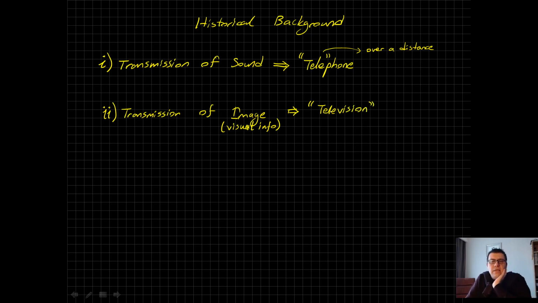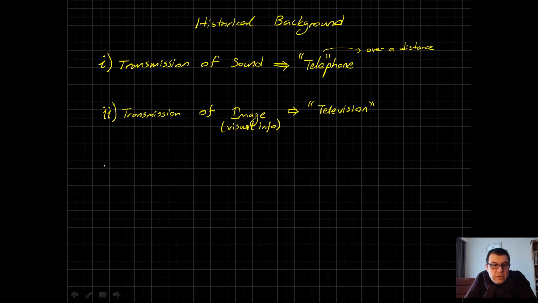That's the device that transfers the visual information over a distance. So with these two, we were able to transfer the hearing ability or speaking ability of mankind to a distant location, and to transfer the visualization sense of human being to a distant location.